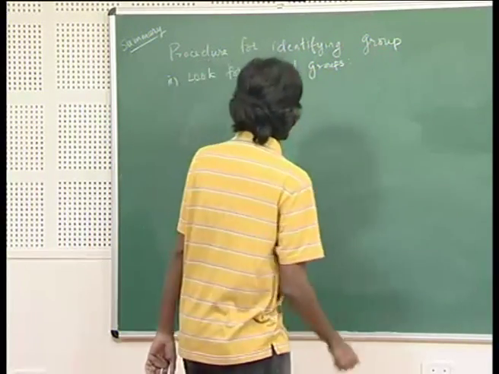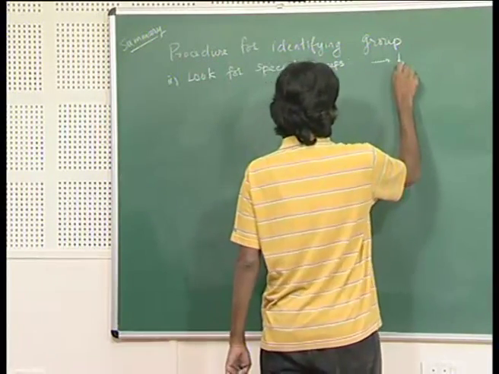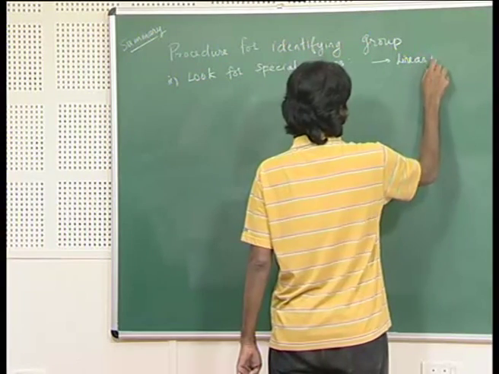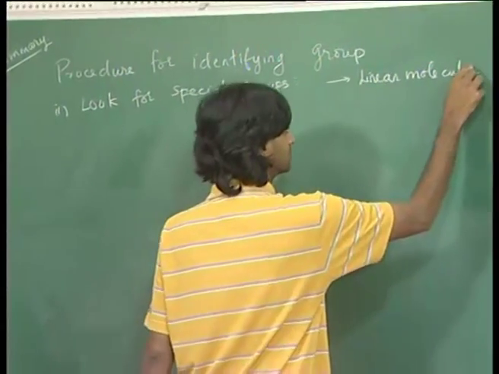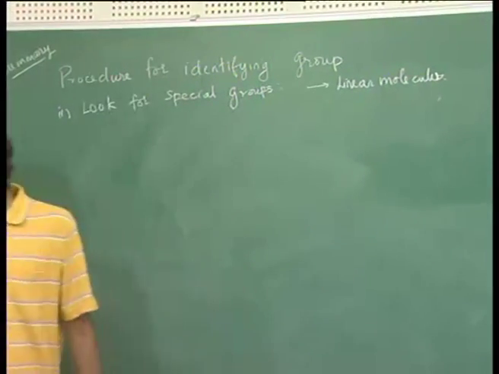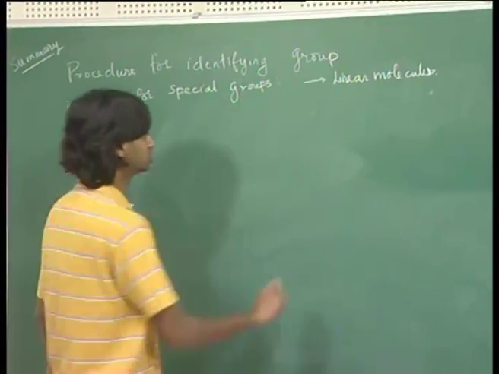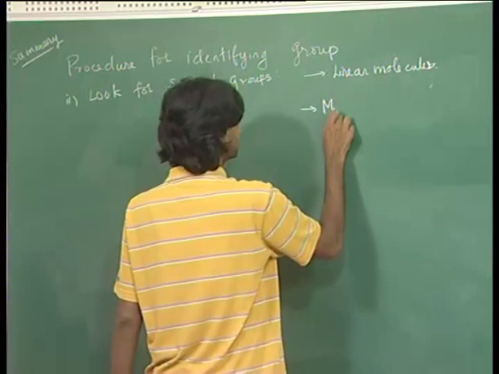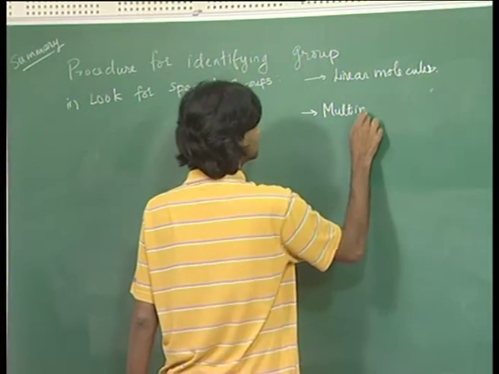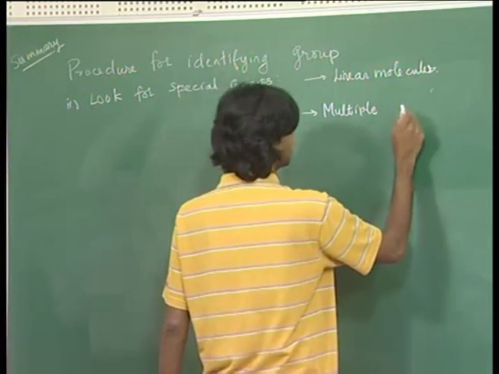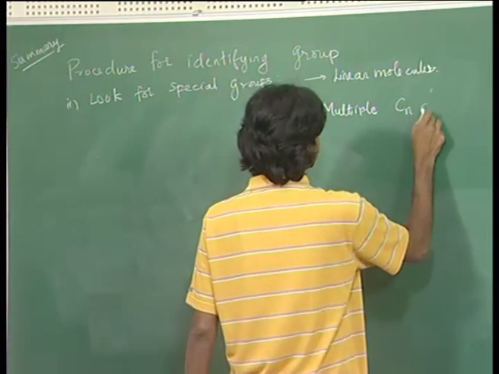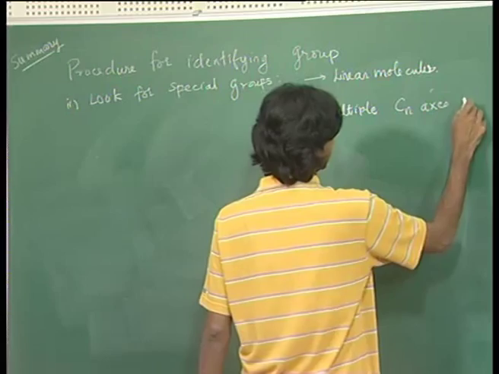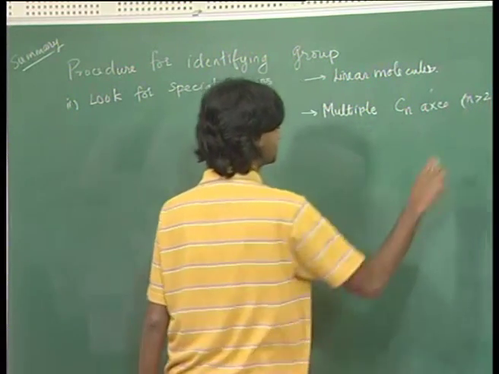The special groups are linear molecules and molecules with multiple Cn axes where n is greater than 2.